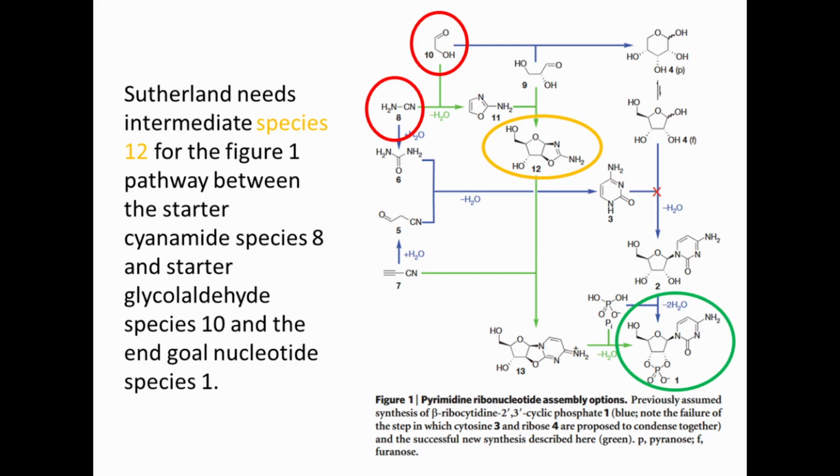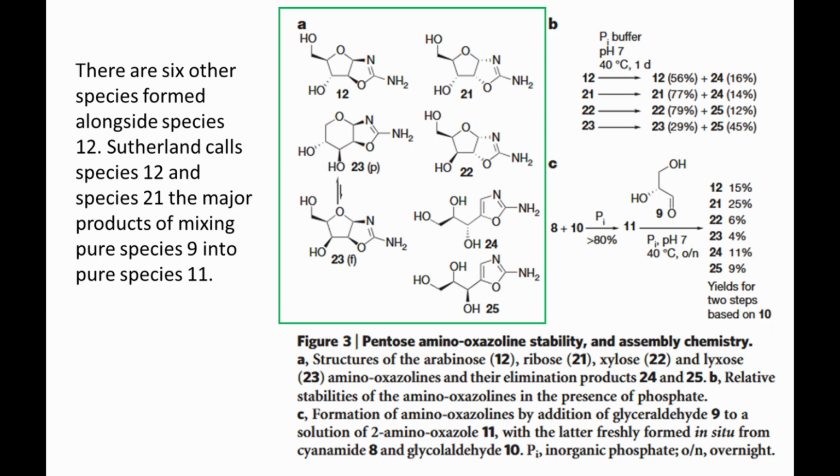Sutherland needs intermediate species 12 for the Figure 1 pathway between the starter cyanamide species 8 and starter glycolaldehyde species 10 and the end goal nucleotide species 1. There are 6 other species formed alongside species 12. Sutherland calls species 12 and species 21 the major products of mixing pure species 9 into pure species 11.